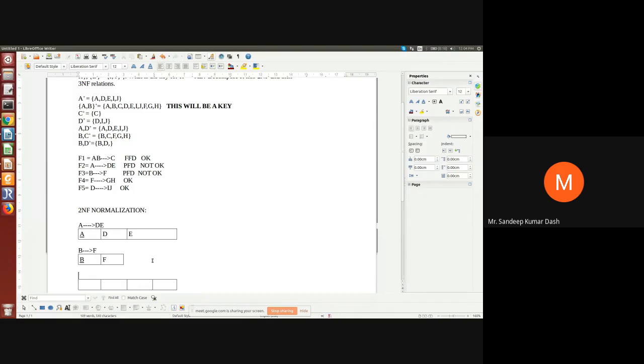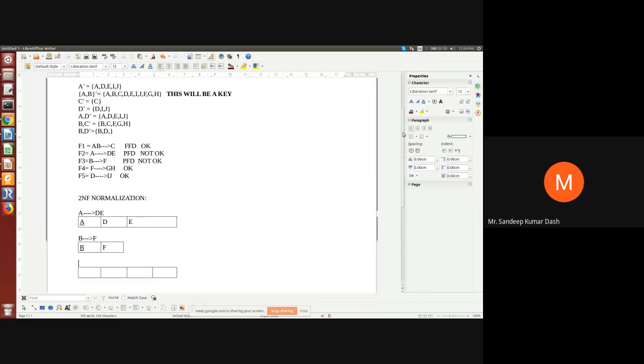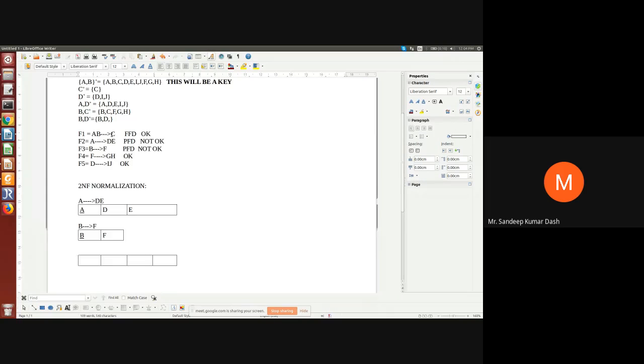Now the rest, which were initially all okay, will be as they are. AB determining C, as it is. F determining GH. We can have F here.